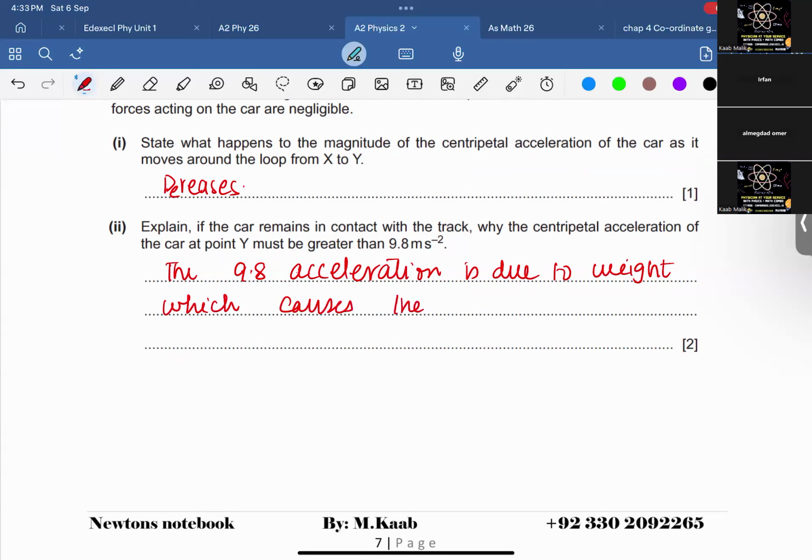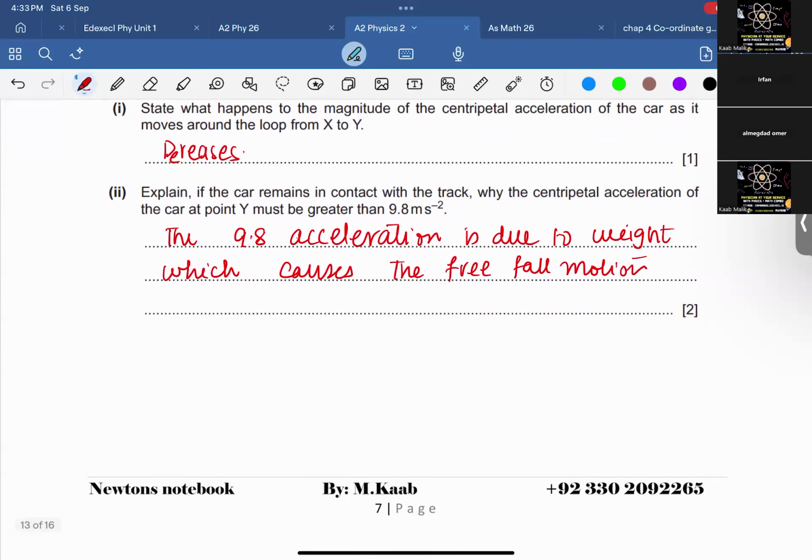Free fall motion, okay, and the motion can overcome the acceleration of 9.8. There should be more force to overcome this 9.81 acceleration.